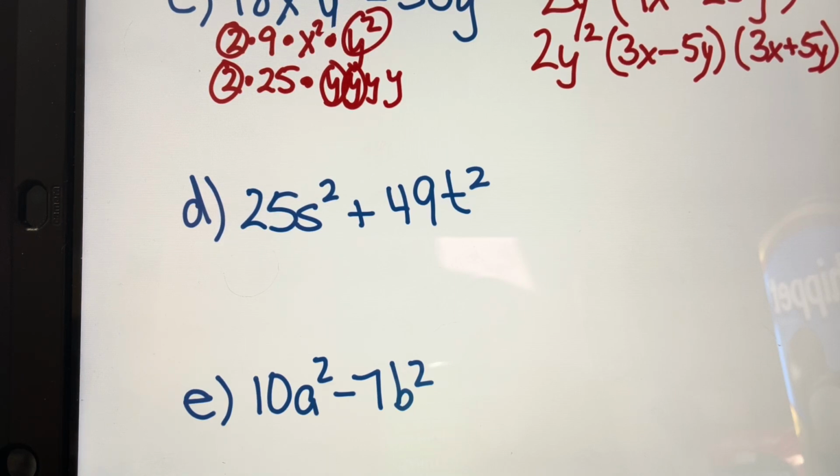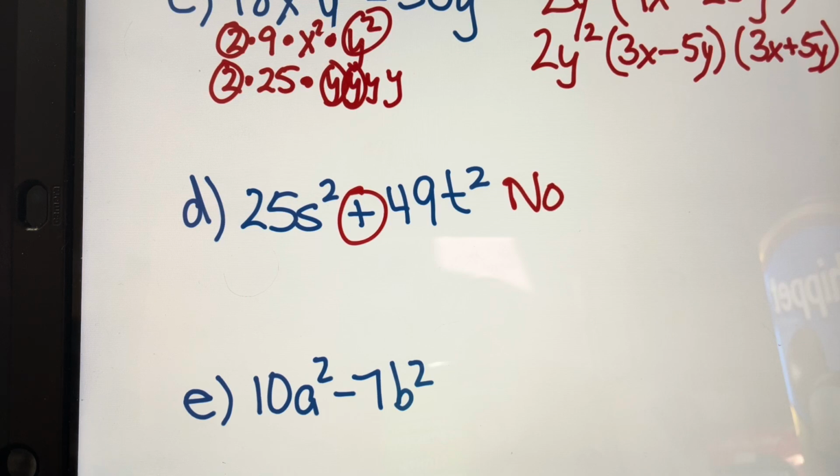All right, so 25 is a perfect square number. We can take a square root. S squared also, 49 also, t squared. Yep, they're all numbers that can be easily taken a square root, but dun dun dun, this is not a minus.